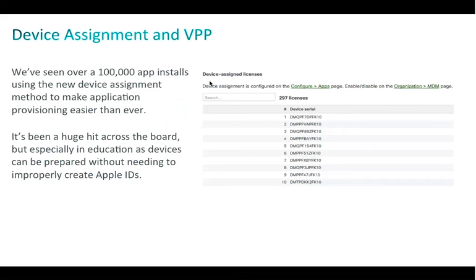And now we've seen over 100,000, I think we're almost hitting 4, app installs that are purely based on device assignment. So it's alleviated a lot of pain points that came from setting up an Apple-centric EMM deployment.